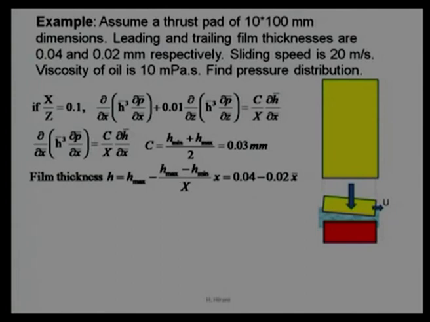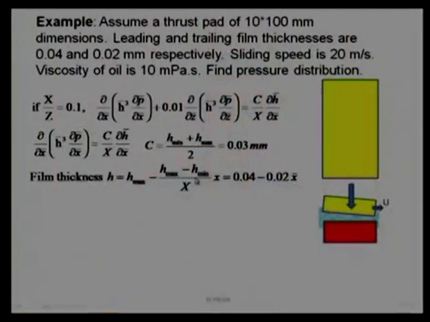So, 40 micron minus 20 micron will be 20 micron. 20 micron divided by 10 mm, right. If we give it in terms of meter, 20 micron divided by 10,000 micron, the ratio will be known.